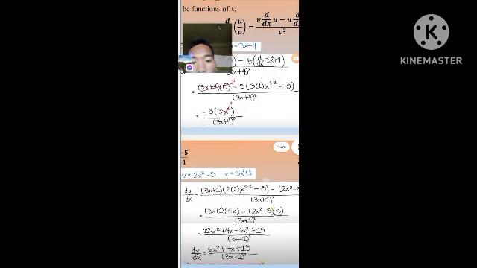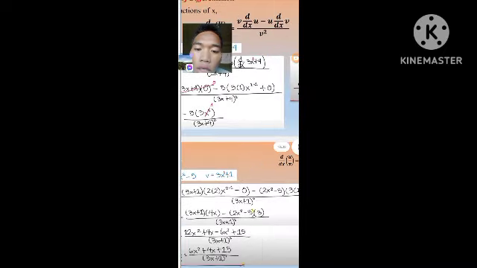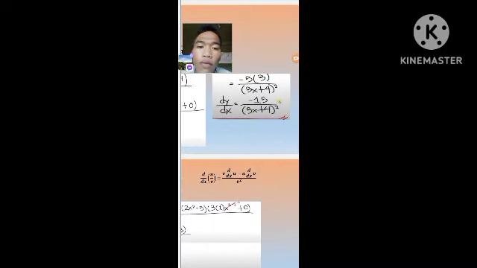And then the total of negative 5 times 3 times 1 over 3x plus 4 squared, equals negative 5 times 3 over 3x plus 4 squared. And then solve. So we have a total of dy over dx equals negative 15 over 3x plus 4 squared.